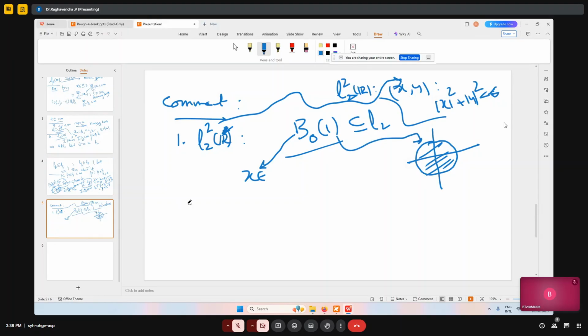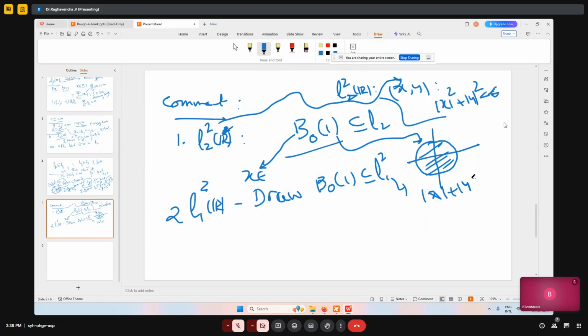Let us look at L1 to R. I want to draw B01 in L1. L1 to R. What is L1 to R? It is mod x plus mod y.